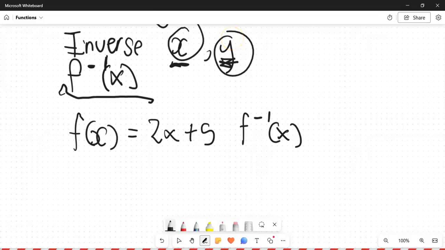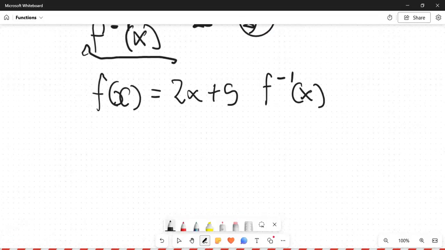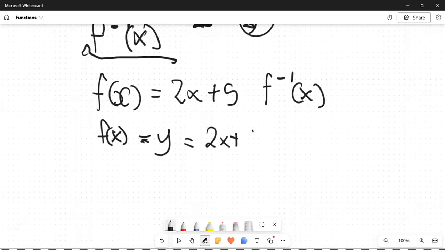So now let's start. We rename f of x to become y. Let me first say y is equal to 2x plus 5.